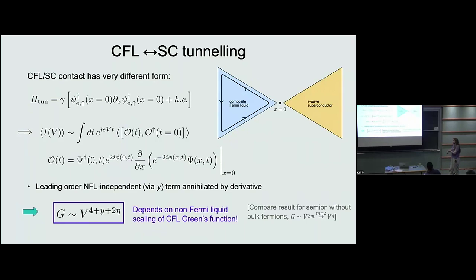And that essentially annihilates, in some sense, that leading order contribution that didn't care about the non-Fermi liquid contribution, and we wind up with something that scales as v to the 4 plus y plus an additional anomalous dimension that comes about from vertex corrections, which has not actually been finalized, the value.